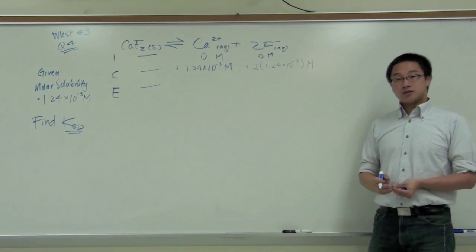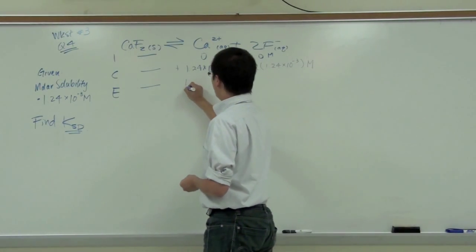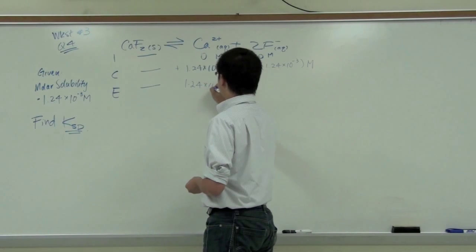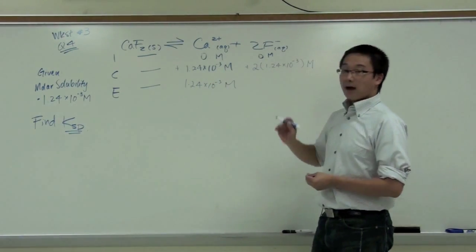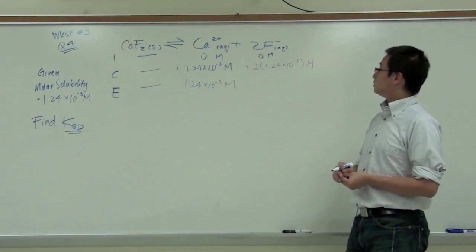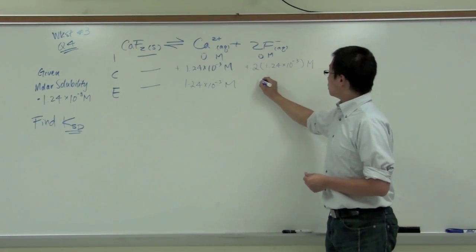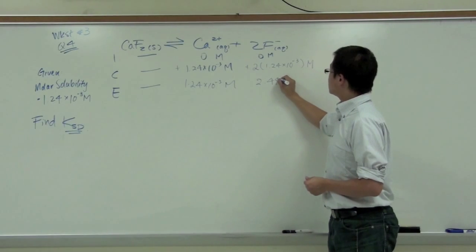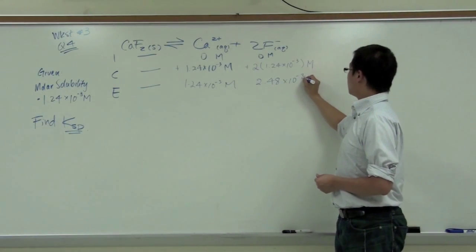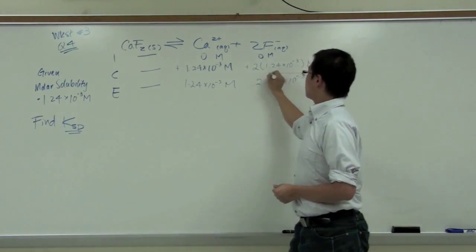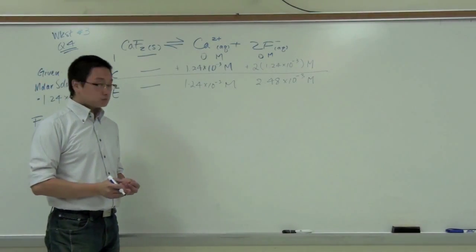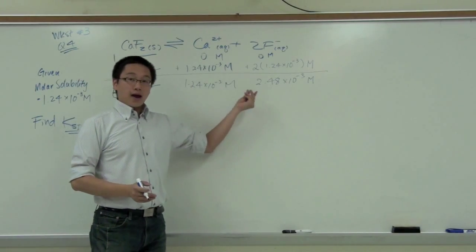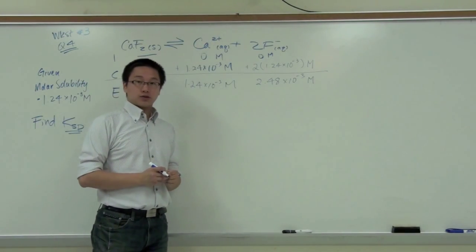What's the equilibrium concentration? We have 1.24 times 10 to the negative 3 molar here, and here we have 1.24 times 10 to the negative 3 times 2, so we have 2.48 times 10 to the negative 3 molar. Then we draw a line so that you can see it easier. So now we have the concentrations.